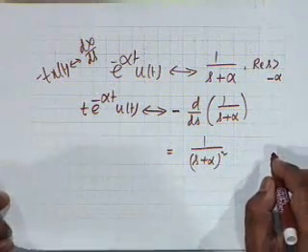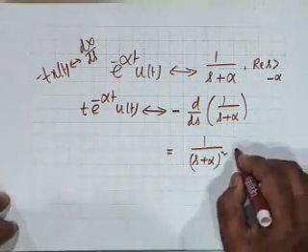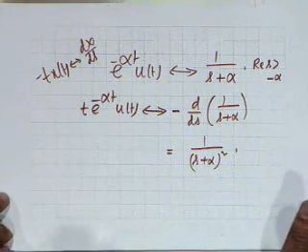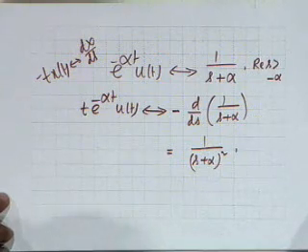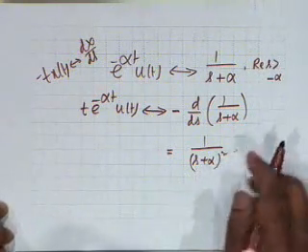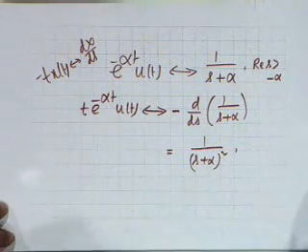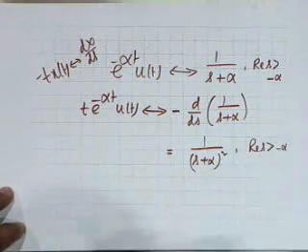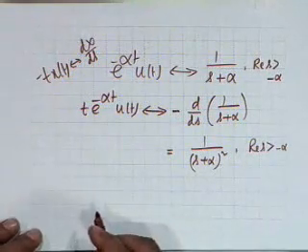What is the ROC? Region of convergence of this is the right of the rightmost pole. There are two poles at s equal to minus alpha, and therefore the region of convergence remains the same, real s greater than minus alpha, alright.